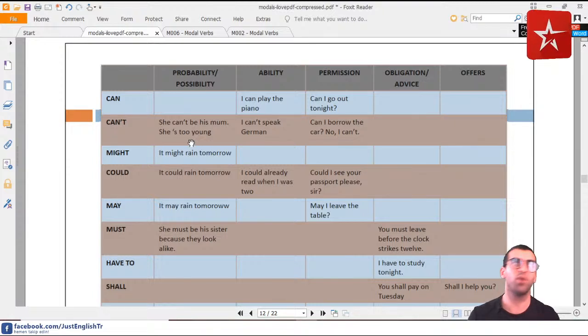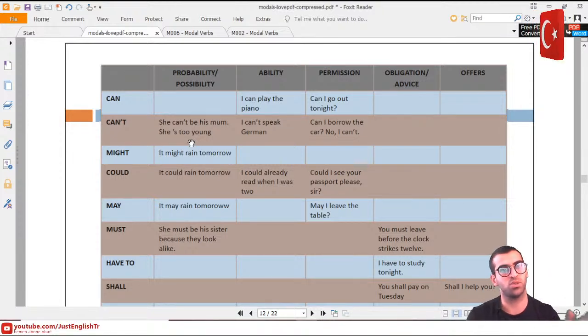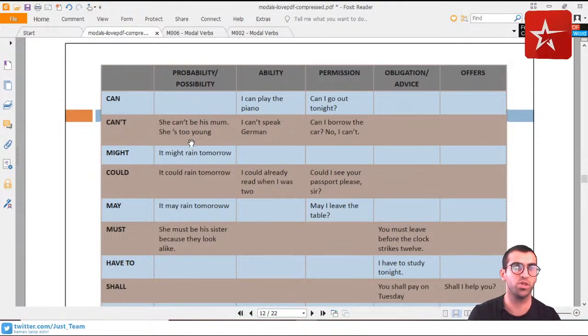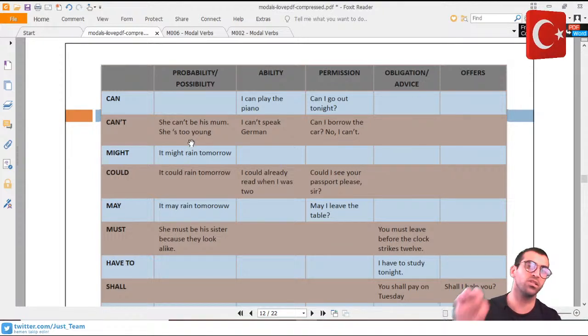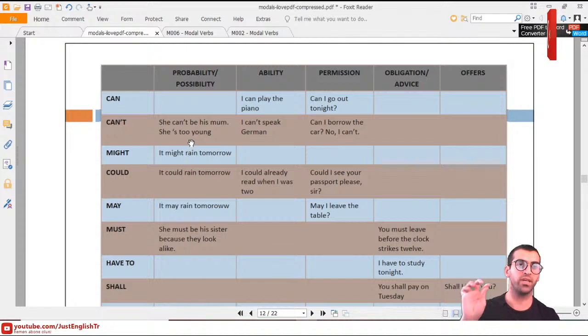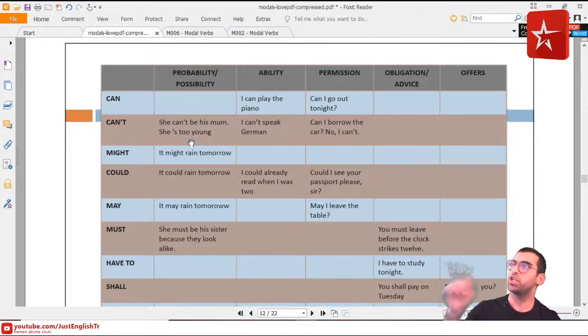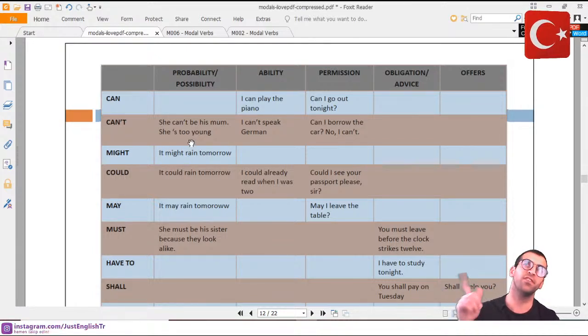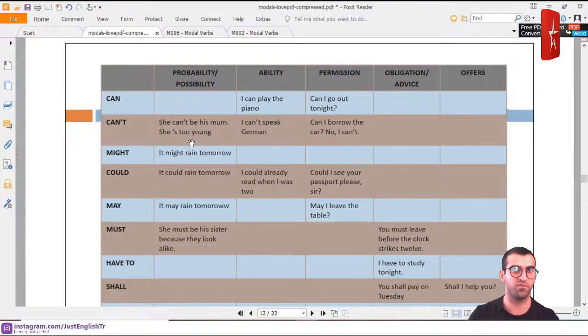For example, his mom has blonde hair, but that woman doesn't have. So I say she can't be his mom, or she is too young. Yes, because I'm sure. If you are sure something is not true, we can use can't. For example, she can't be my friend. My friend is generous. I know my friend.